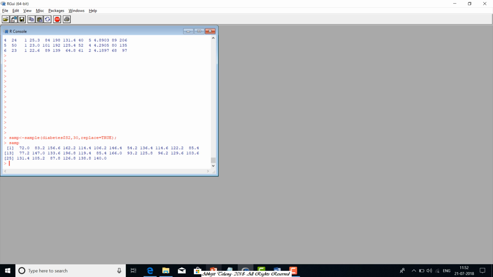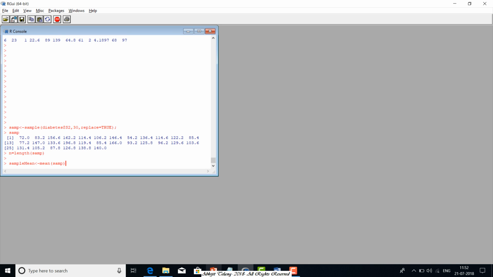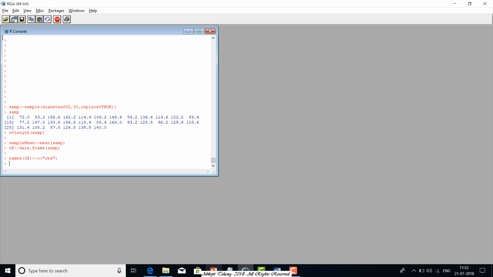And to do that, we'll quickly calculate the sample mean. We'll also note the length of the sample. We'll quickly construct a data frame to record our findings. Then we create a custom function because we do not know the population standard deviation. And when we calculate the standard deviation from a given sample, we have to take that into account.